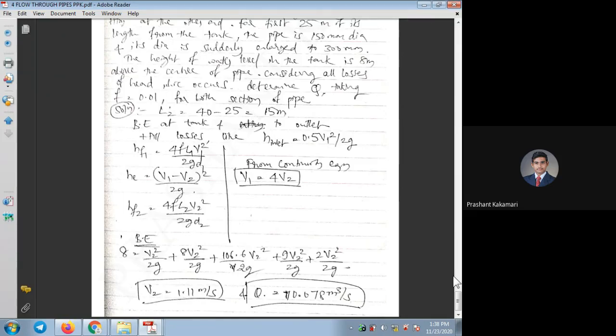So from that we can get around 2 V2 square by 2G. So that is mentioned here. Second pipe 2 V2 square by 2G, it is from the HF2 relation.